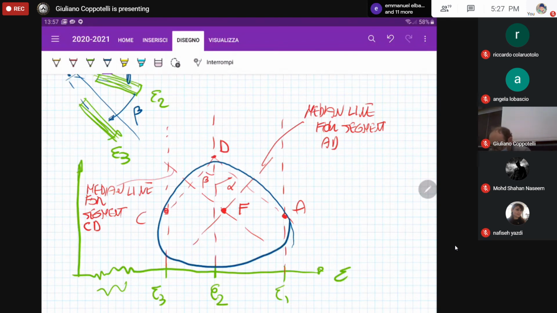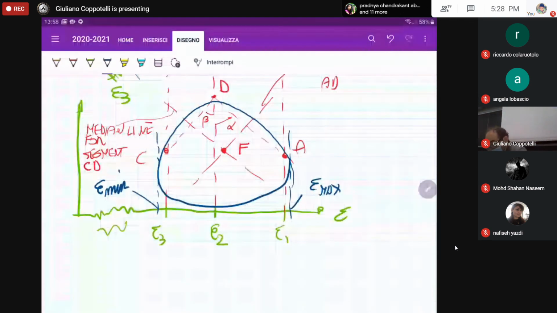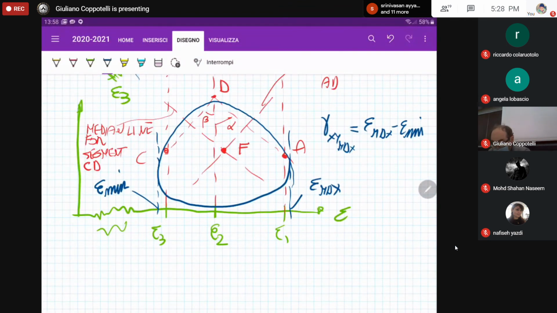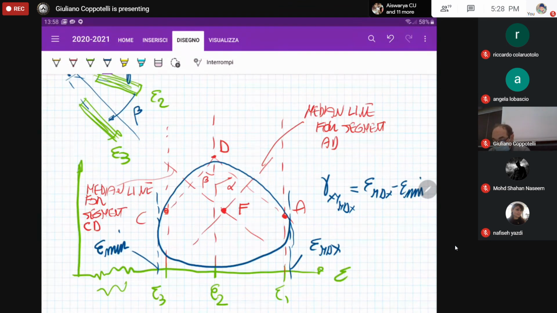You have a circle that is the Mohr circle that is telling you the minimum value for the normal strain, the maximum value for the normal strain, and of course the maximum shear strain, just taking the difference between these 2 values. So it is the Mohr's circle.